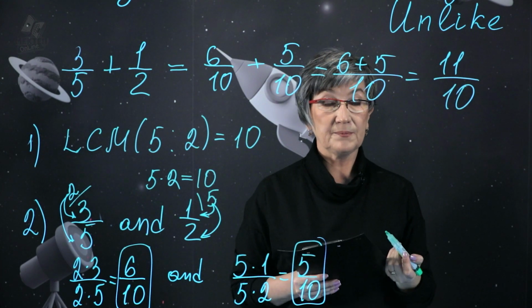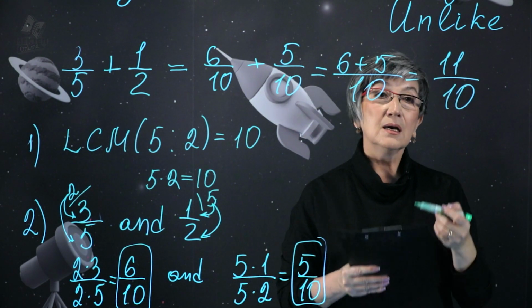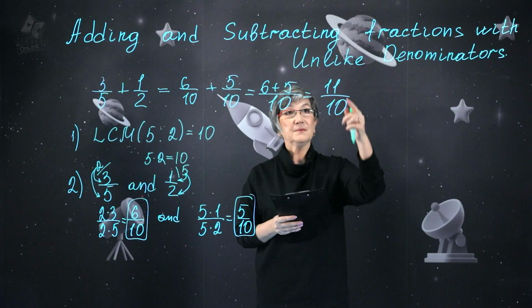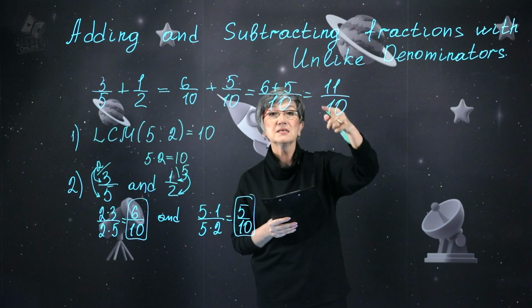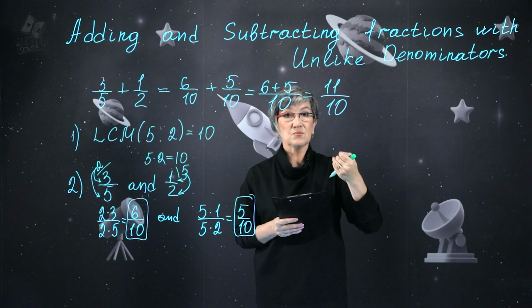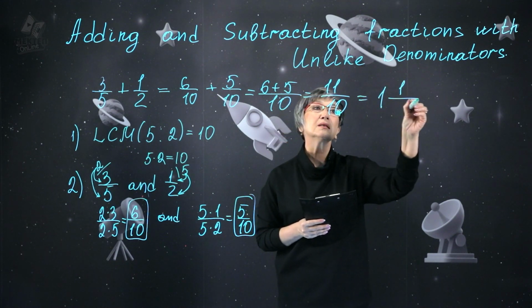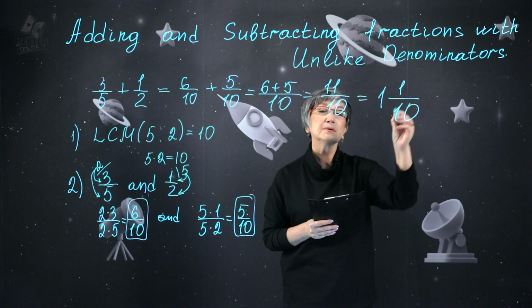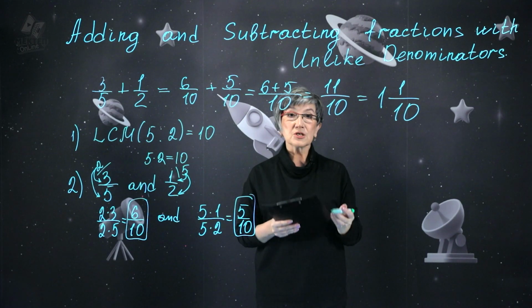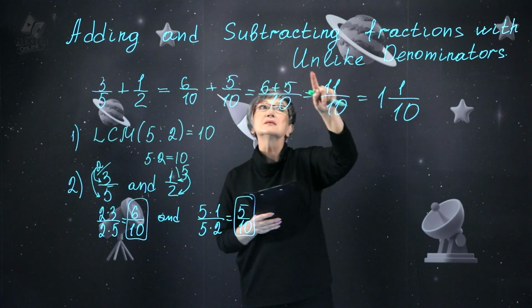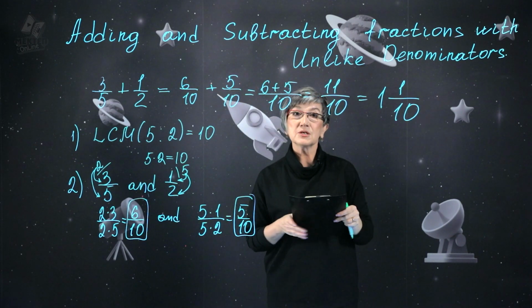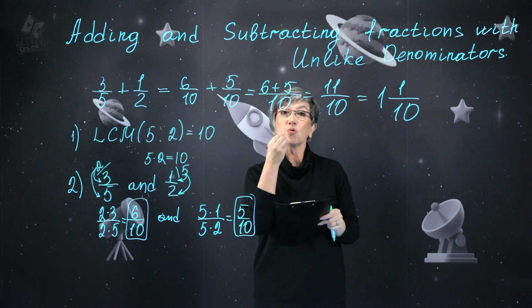That's our solution. The only thing is, it's customary in math to emphasize the whole part if possible. 11/10 is 1 whole and 1/10. That is, in order to add fractions with different denominators, we first bring them to a common denominator. That is, we do the first step.